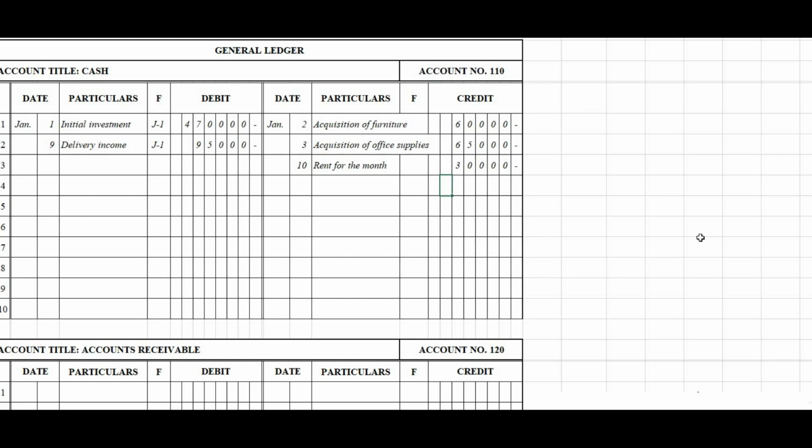But again, the purpose why I'm doing this is to illustrate to you how to do it manually. Na you have really to observe the proper place value of the amounts in posting it in your ledger as well as in your journal.